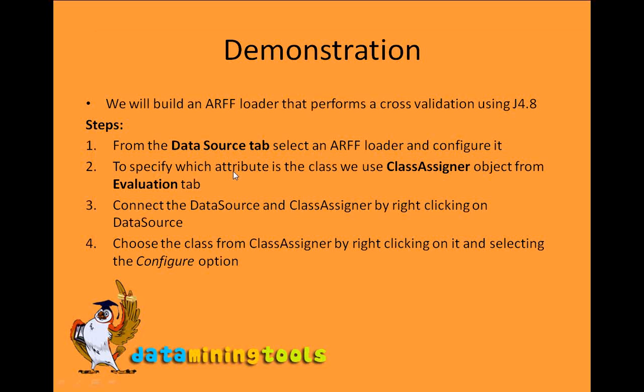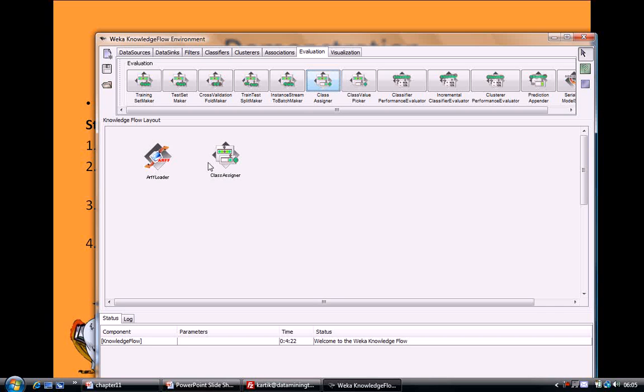Before we can specify what is the class, we need to connect our ARFF loader to this class assigner. We do this by right clicking on it and then clicking on dataset. We have a flexible arrow, so we just bring it on class assigner and click it. So these two are connected now.